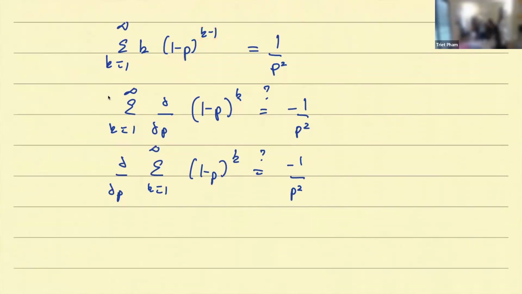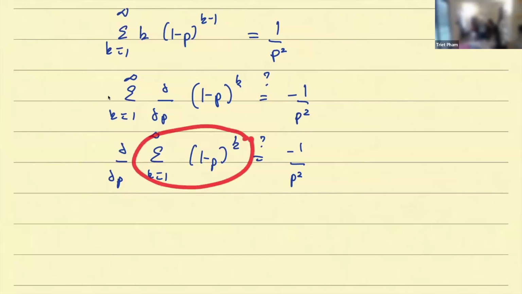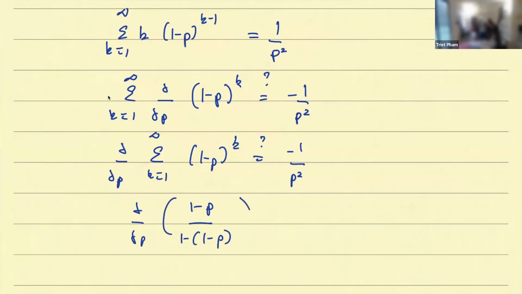All right, so now what is this sum? Well, this is the sum of a geometric series again, but now the first term is 1 minus p. So that's (1 minus p) over (1 minus (1 minus p)). Well, that's 1 over p. Well, surprise, surprise. That's exactly minus 1 over p squared.